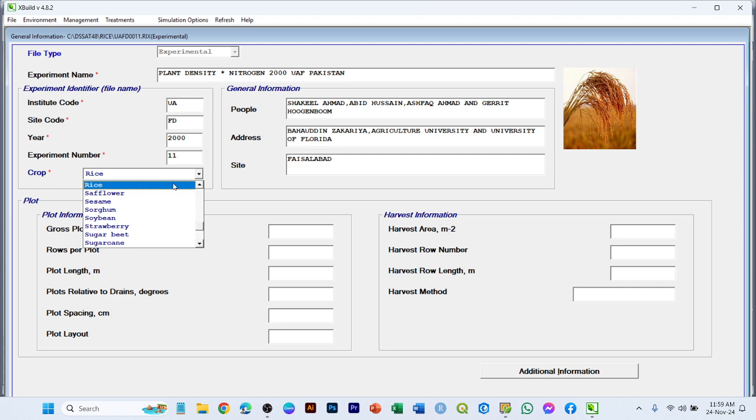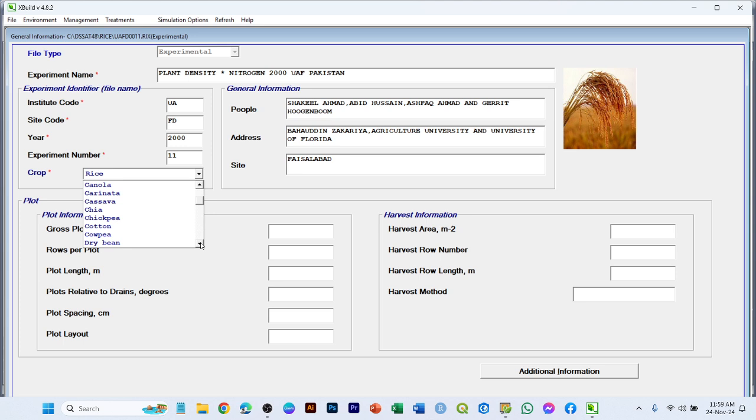Almost all crops, either they are cereals, sugar crops, oilseed crops, fruits, each and every crop is there over there. Legumes are there. Because your experiment is on rice, we have to choose rice, right?